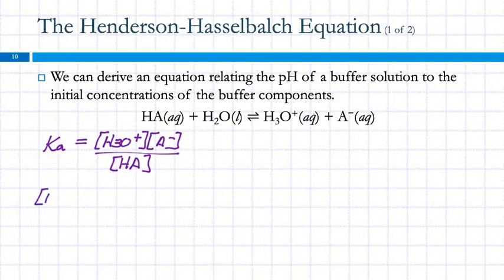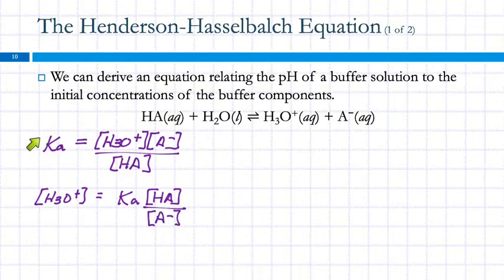So the H3O plus concentration is going to equal Ka times HA divided by A minus. I multiplied both sides by HA, I divided by A minus. Okay?